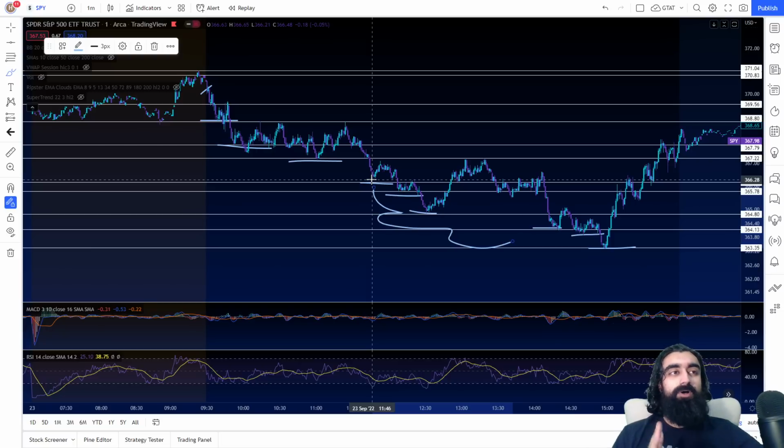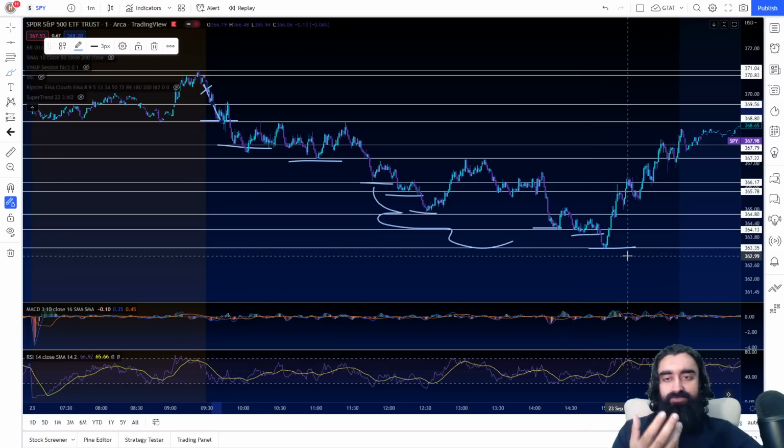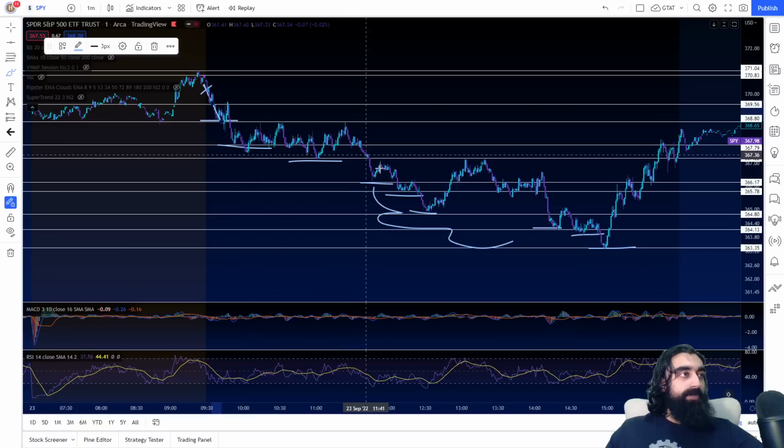If you had even bought the 365 calls, by the end of the day those contracts were up almost 300%. The initial positions you bought over here were up 300% on the 365 calls, when you should have bought 3 more times. As we continued falling lower, you should have averaged in more. The 365 calls being up 300% made up for the losses of the first initial few buys.